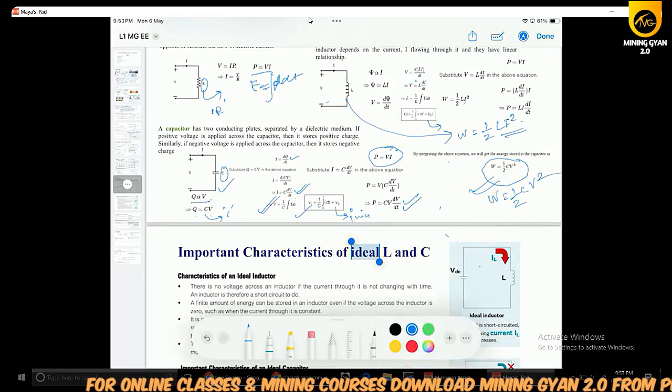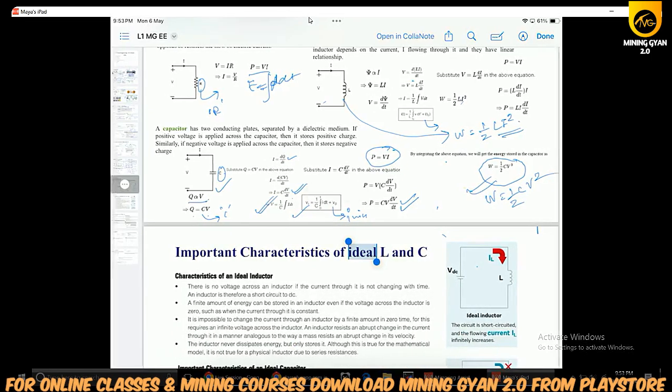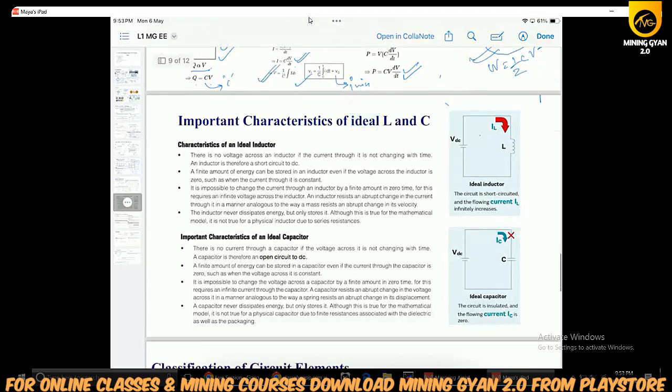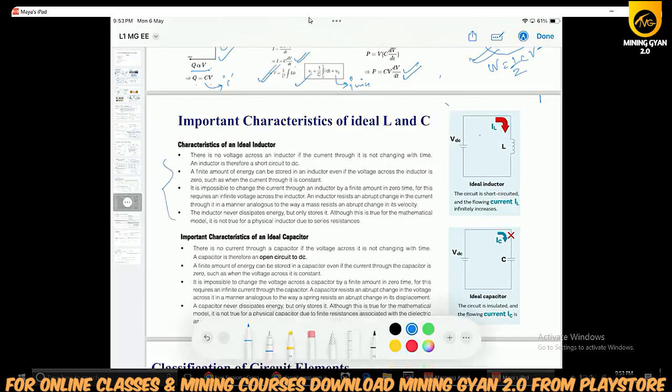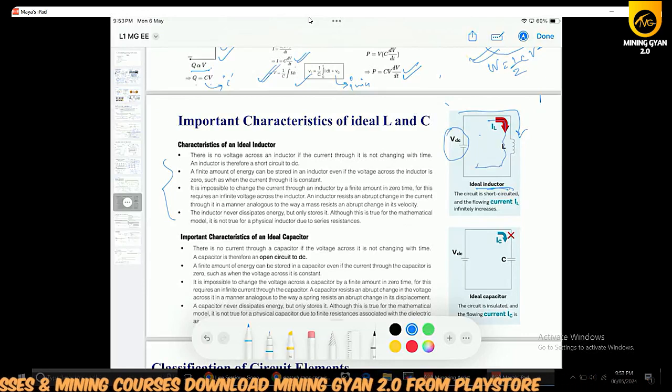Then the ideal conditions. Important characteristics of ideal inductor and capacitor. Please read all the points I'm telling about this one only. In the case of an ideal inductor, if we apply a DC voltage, it will become a short circuited element, and an infinite amount of current will flow through this element.